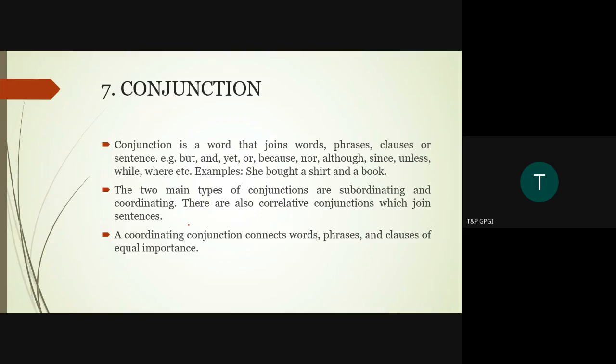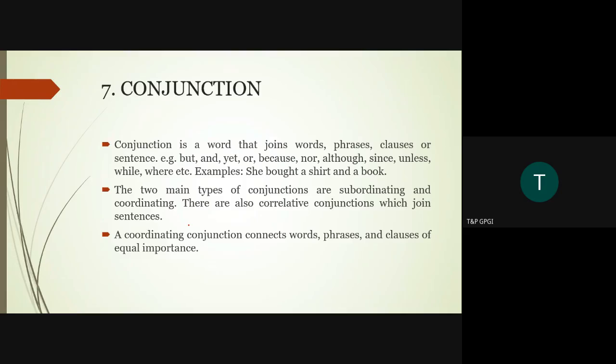So what a conjunction is. What does a conjunction mean? Conjunction is nothing but a word that joins words or different phrases or different clauses or sentences. It just joins, it connects the sentences.